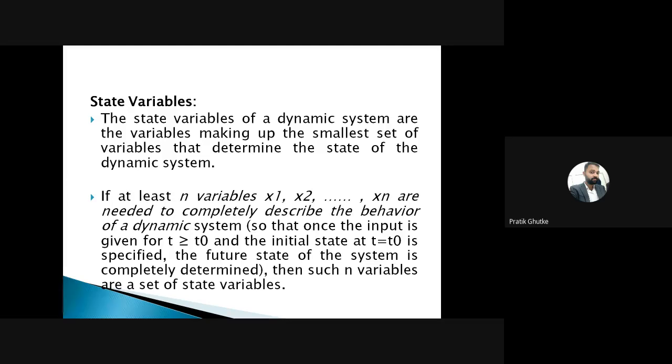If at least n variables, say for example x1, x2 up to xn, are needed to completely describe the dynamic system, so that once the input is given for t greater than t0 and the initial state at t equals t0 is specified, the future state of the system is completely determined, then such variables are the set of state variables. So this is the definition for the state variable. First of all, we have seen state. Now we have seen the state variable. So have you noted down or taken a screenshot of this slide?